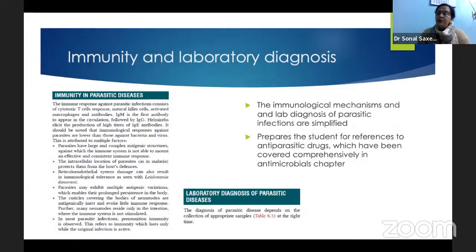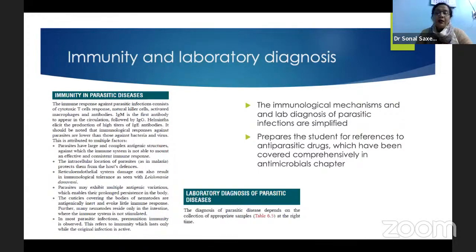And then there is a little bit of part on the immunity in parasitic diseases. Now, when we talk of the immunity in parasitic diseases, very often the students get confused as to what to write, where to write, and the immunological section doesn't give that much of a detail to them. So here the material is just for them to know what are the basic fundamentals of immunology.